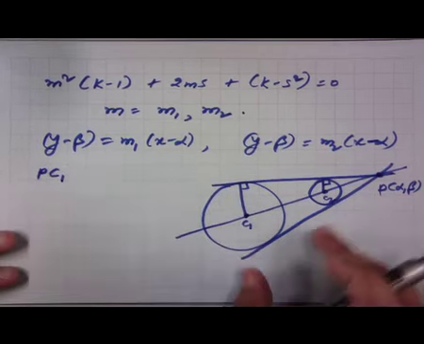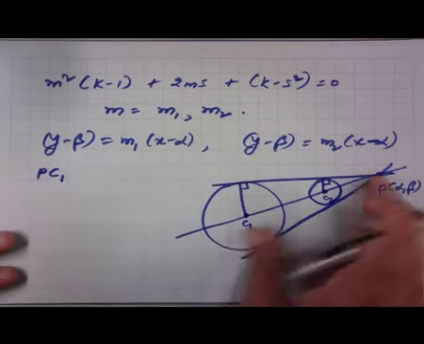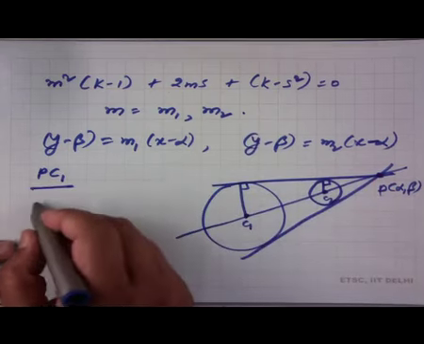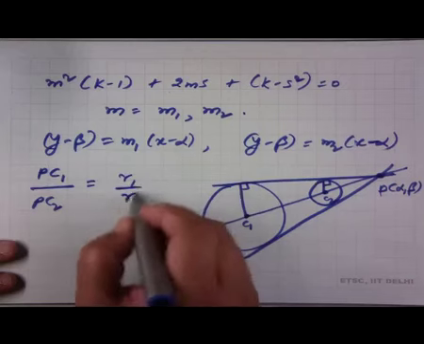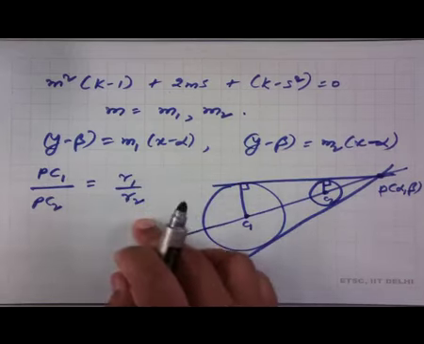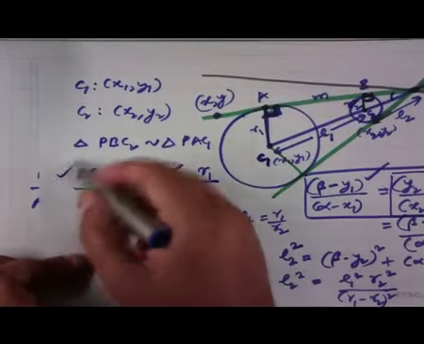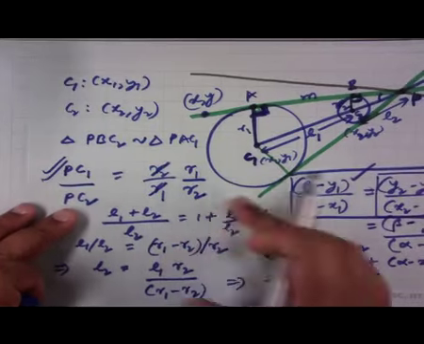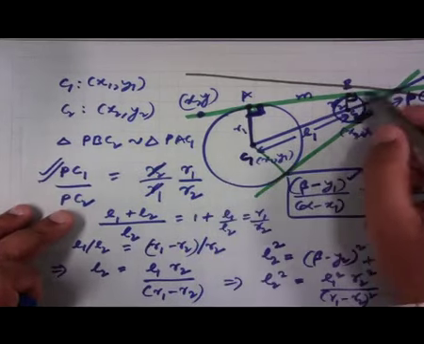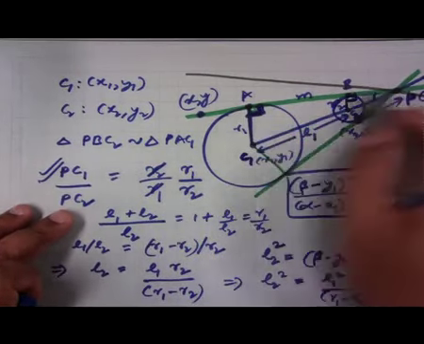Since the division is external, PC1 divided by PC2 is equal to R1 by R2, which we had already mentioned, and this clearly followed from the similarity of these two triangles.